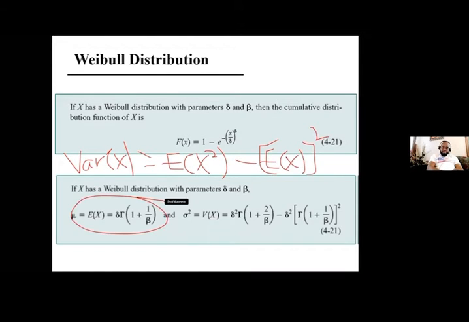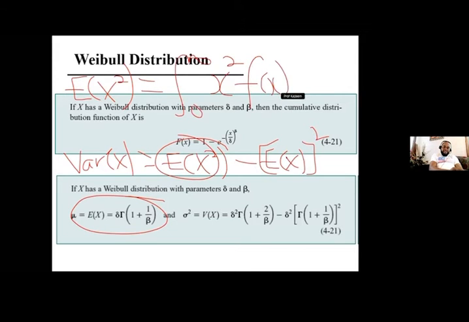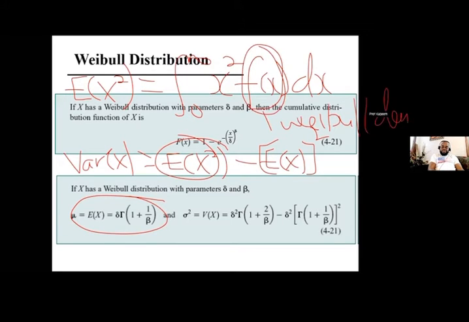Now you can obtain the expected value of x squared using the integral from 0 to infinity of x squared f of x dx, where the f of x is actually going to be the Weibull density. Now when you obtain the expected value of x squared, you can subtract the square of the mean, then you're going to get the variance, and this is the variance.